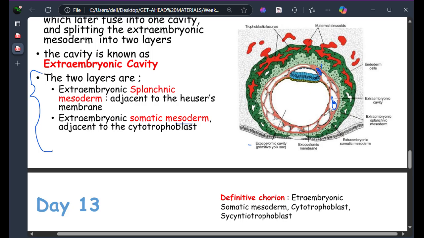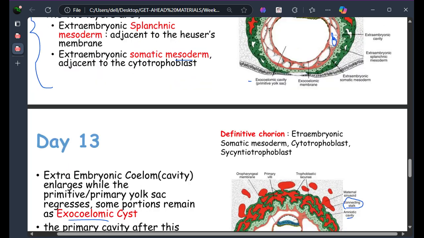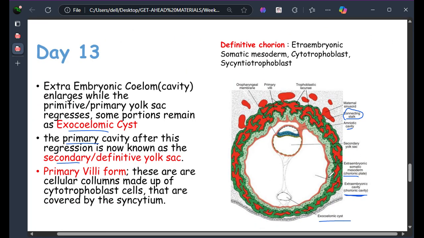So they'll ask you a question: at which point do the somatic and splanchnic extraembryonic mesoderm meet? Okay, so if you follow the somatic mesoderm, you find that it will meet at the connecting stalk there. If you follow the splanchnic as well, you'll meet there at the connecting stalk.